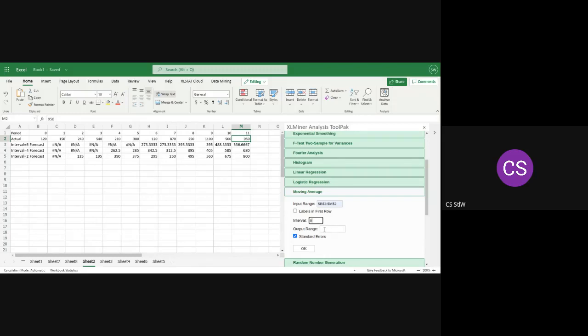So interval 6. Remove also the standard error. Remove also the standard error. I'm going to display this, but let me first delete these rows here.